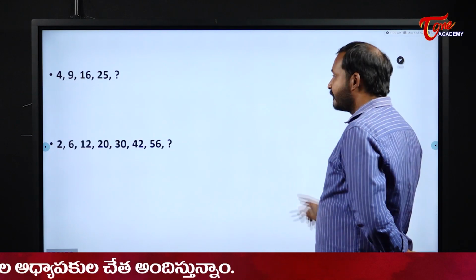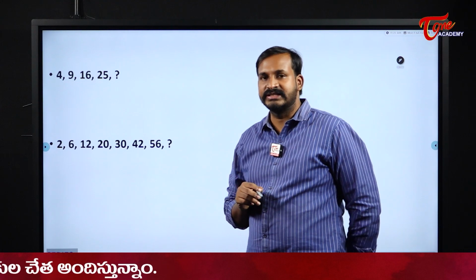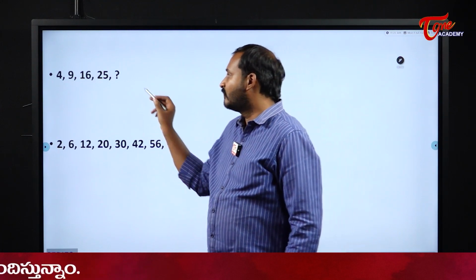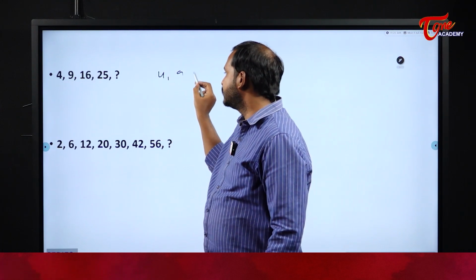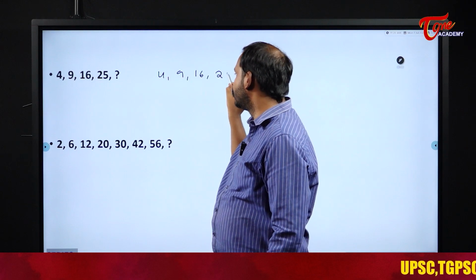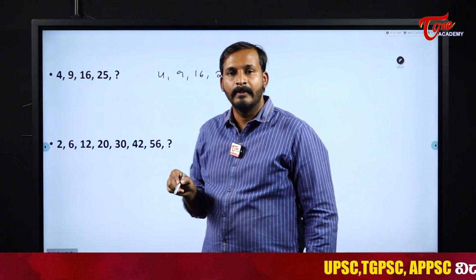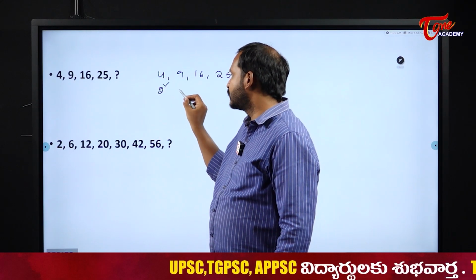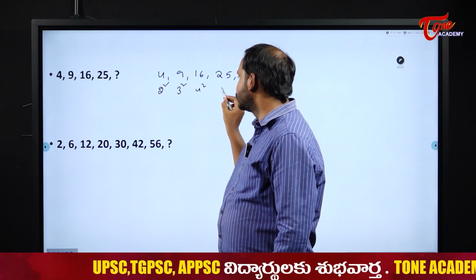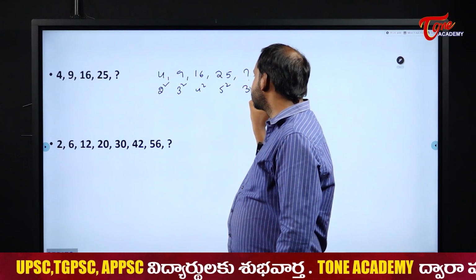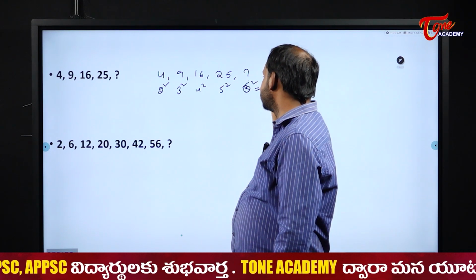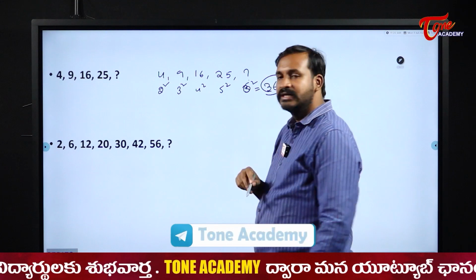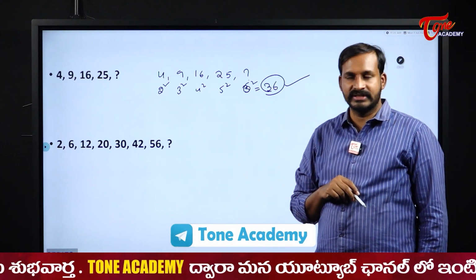Next example: 4, 9, 16, 25. What are these numbers? Just now I told you. These are perfect squares, that is 2 square, 3 square, 4 square, 5 square. Next it should be 6 square, that is 36. So our answer here becomes 36.